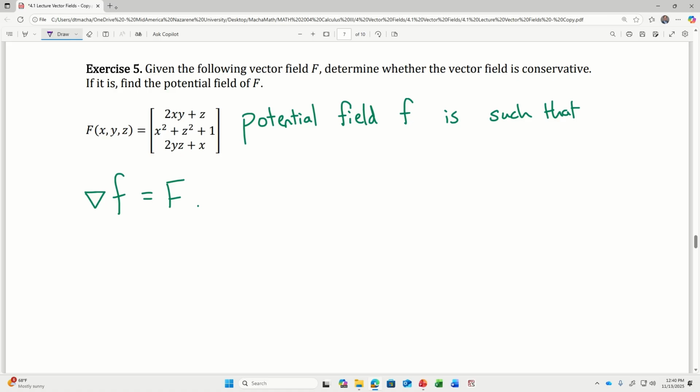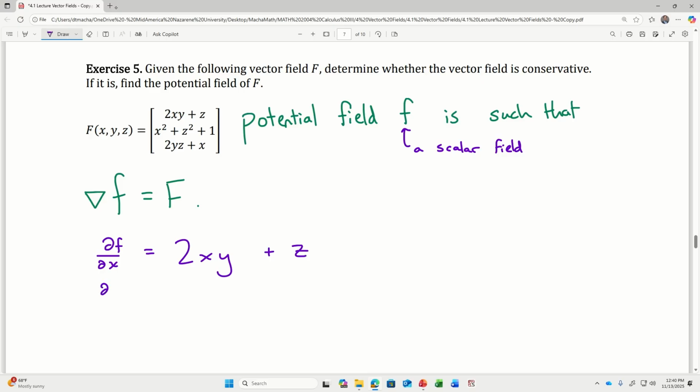And well, what does that mean? The potential field is a scalar field. And that means the partial of f with respect to x is going to be equal to 2xy plus z.